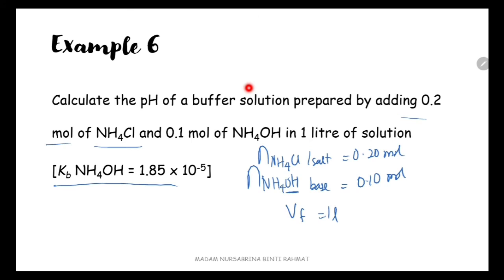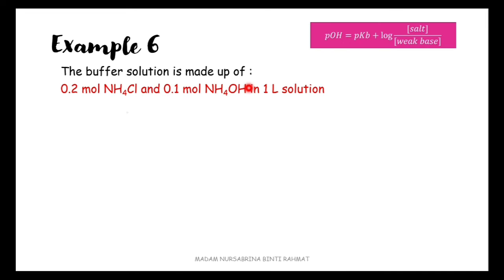Since it's a basic buffer, you need to calculate using pOH first. But before you substitute all the values into your pOH Henderson-Hasselbalch equation, you need to first calculate the concentrations of both your salt and your weak base. How to calculate the molarity?